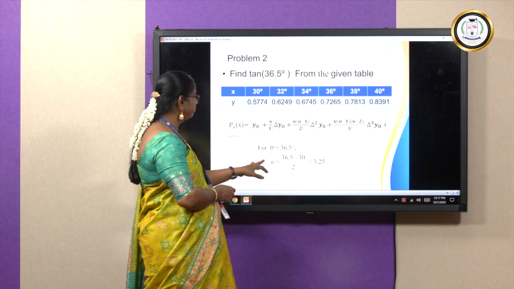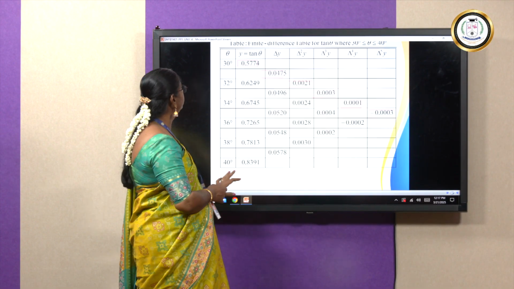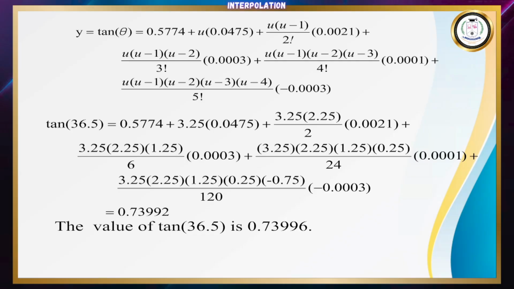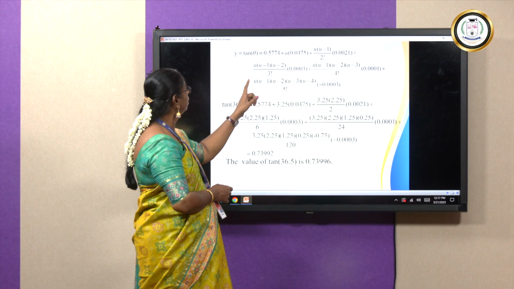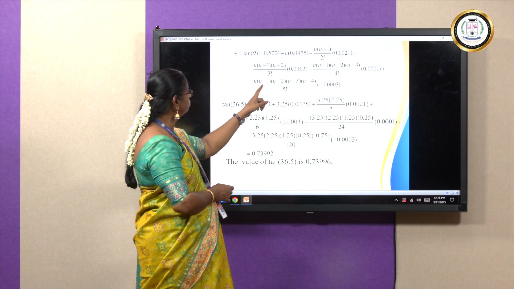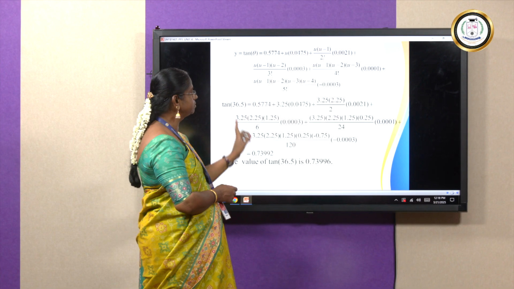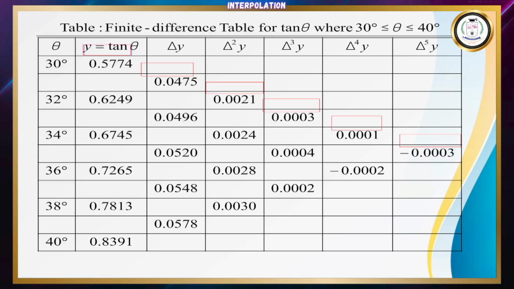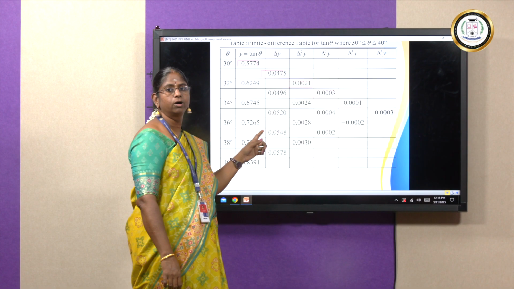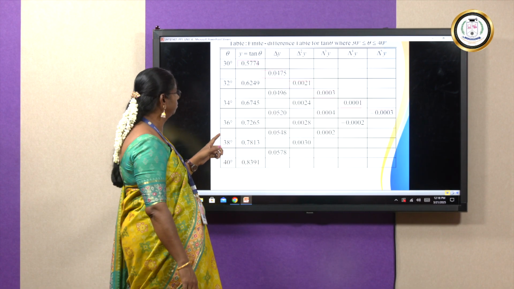After finding u, I can find u minus 1, u minus 2, u minus 3, u minus 4. So all the data we have to find out. Before that, I need the table. The table given is the finite difference table for y is equal to tan theta. This is the forward interpolation formula table.